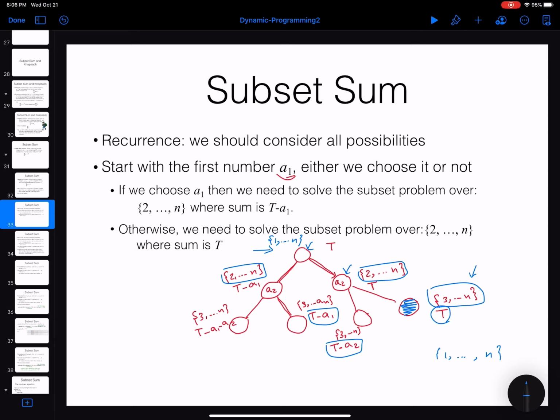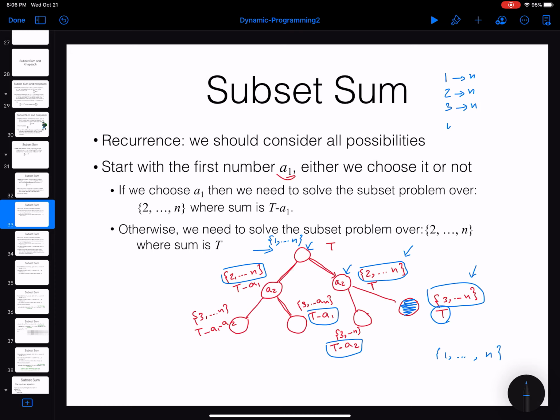So I just fixed something about these parameters. The first parameter is the number of items that you have. If it is 1, it means that you have access to all the numbers from 1 to n. If it is 2, it means that you have access to all the items from 2 to n. If it is 3, you have access to all the items from 3 to n.